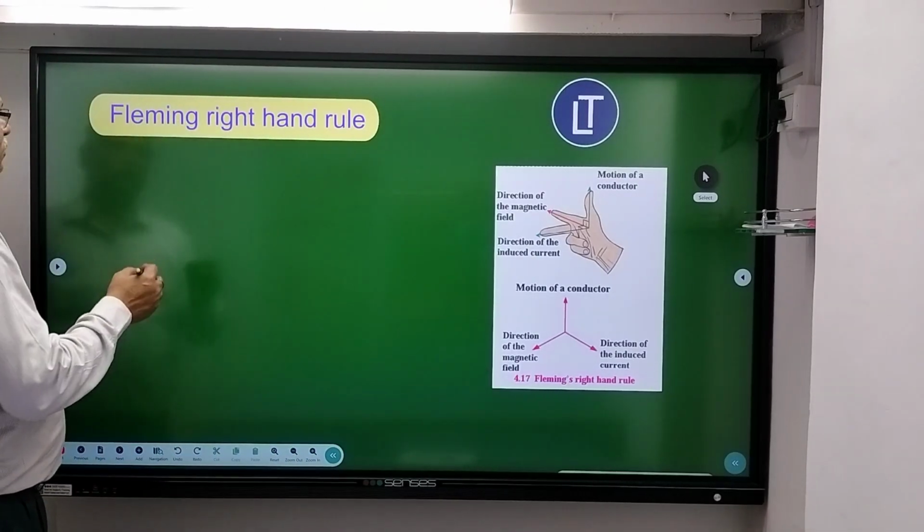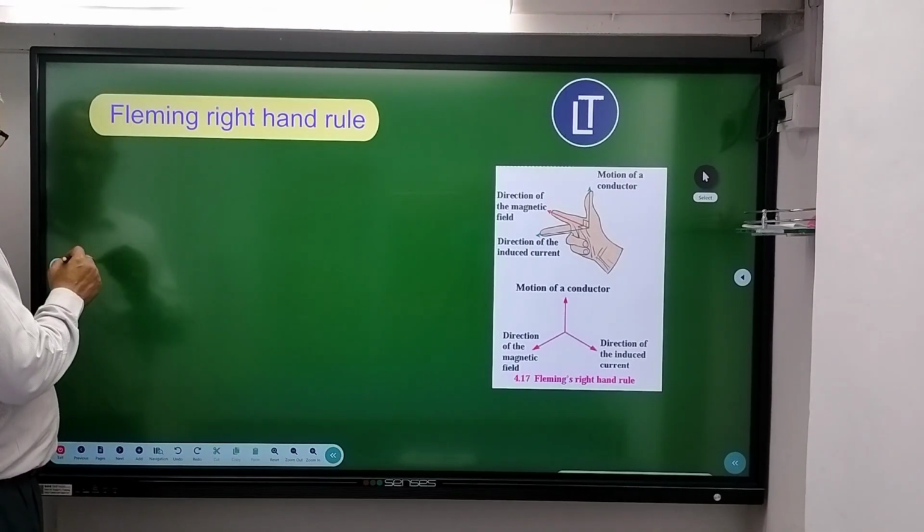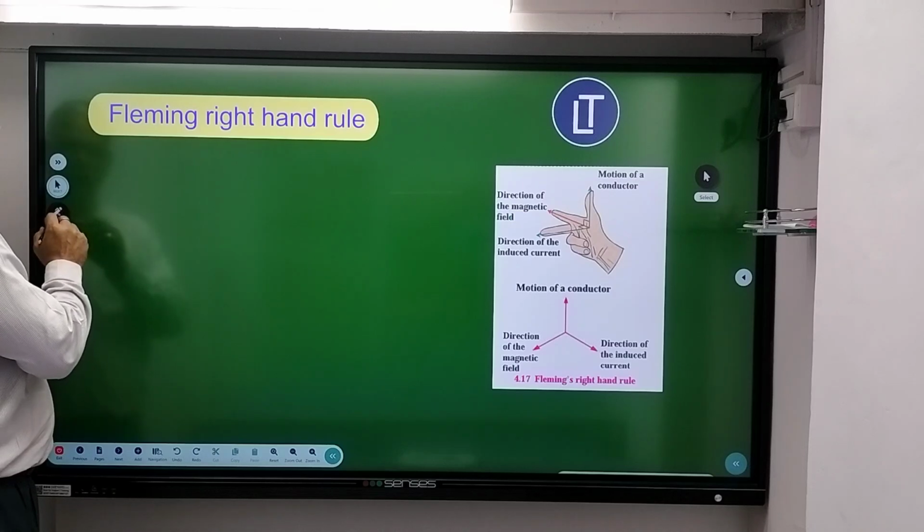Now see, I am going to write the Fleming right hand rule.